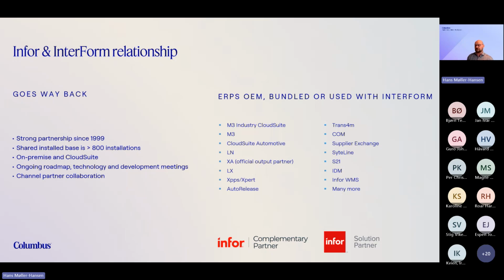Interform has been servicing Info, LN, LX, XA, etc., for many years. Actually, the LN automotive package for labeling runs on Interform. Info and Interform have a shared install base with more than 800 installations.